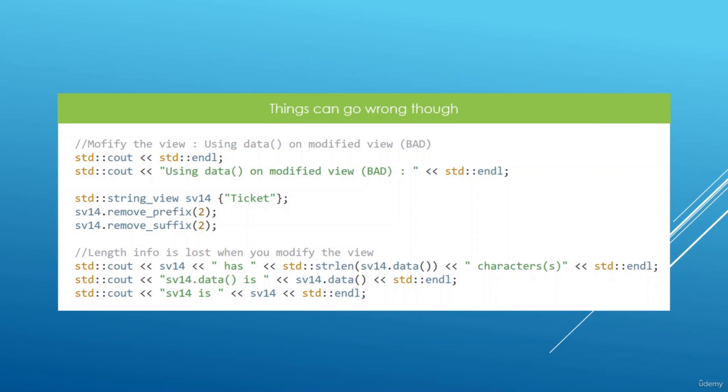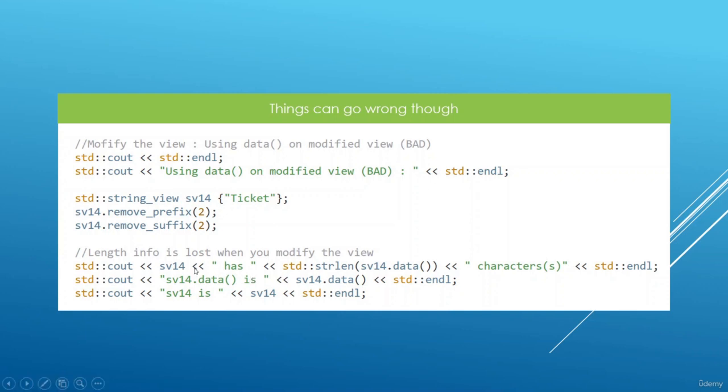But sometimes things can go wrong if you try to use the data method. If you try to use the data method from a string view that has been modified through the remove prefix and remove suffix behaviors, you're going to be setting yourself up for trouble because this is really not supported for string views. The data you get is not going to be consistent.